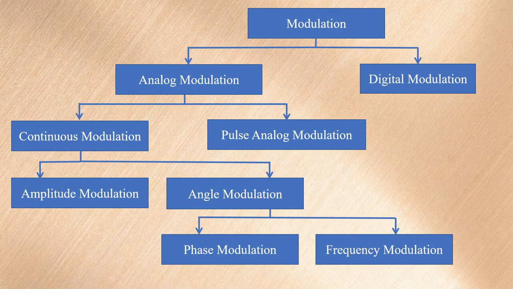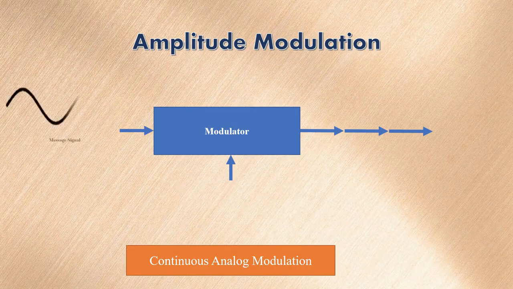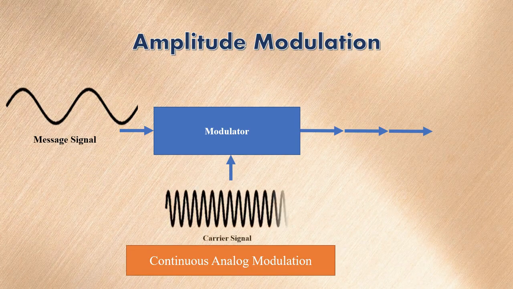There are many types of modulation techniques. In this video we are going to see about amplitude modulation. Amplitude modulation comes under the category of continuous analog modulation, in which both the input message signal and the carrier signal are continuous signals, that is, they vary with respect to time.